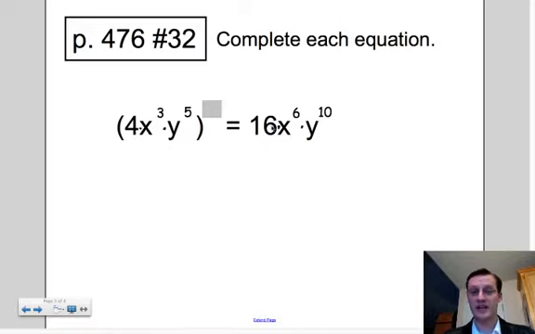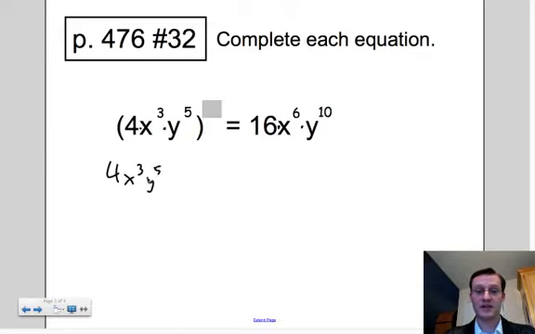But if you get one that's a little bit more complicated, the process we're going to do here is we're going to say 4x to the third, y to the fifth. I'm going to start with one copy. I'm just going to make a second copy and just see what happens. Because I know it's not 4. It's not x to the third, it's not y to the fifth. Let's see if two copies will do it.